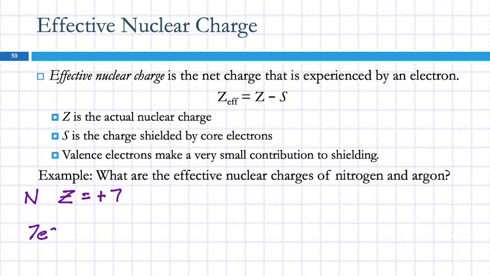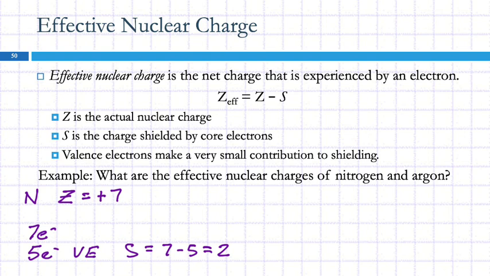How many valence electrons does nitrogen have? 5. It's got 5 valence electrons, and we know that because it's in group 5A. So this is the total number of electrons, and these are the valence electrons. The difference between those is the number of core electrons. So S, this S here being the core electrons, is 7 minus 5, so it's 2 electrons.